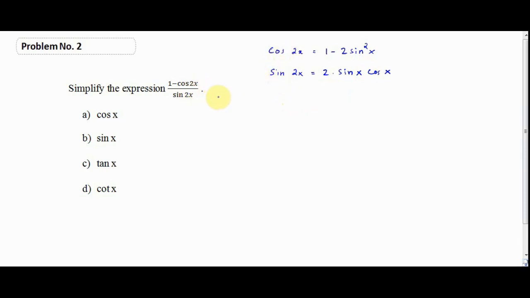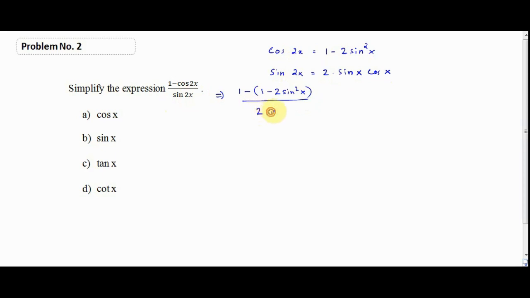If we substitute these two equations in this ratio, 1 minus cos 2x may be replaced with 1 minus 2 sin square x, divided by sin 2x replaced with 2 sin x cos x.